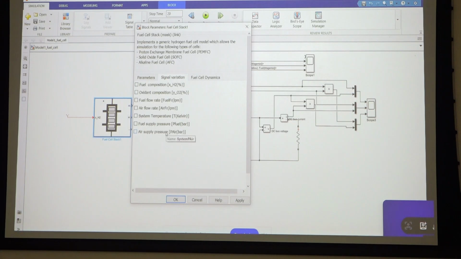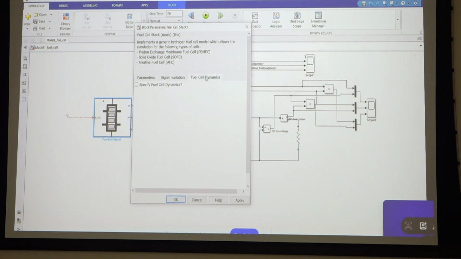They provide current and voltage based on these things, assuming there is no deficiency. If you want to make it more realistic, where there might be some deficiency or surplus, then you can provide this specific value.